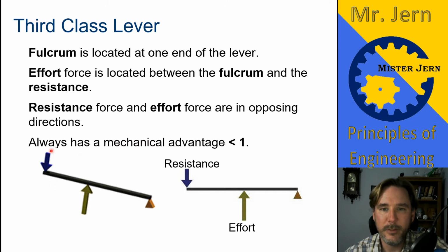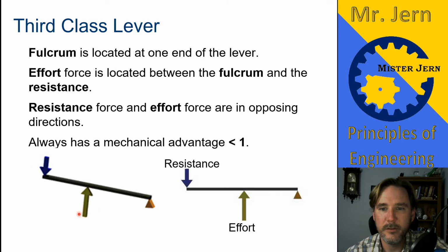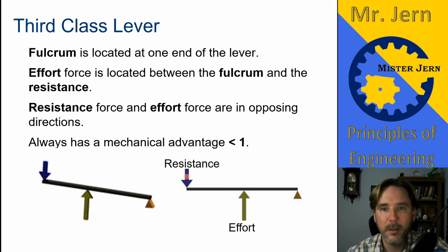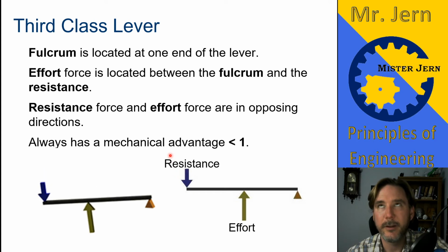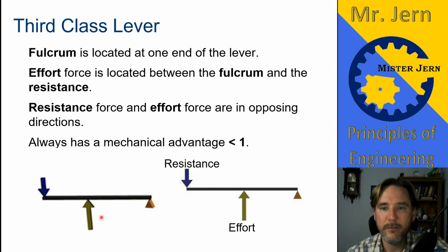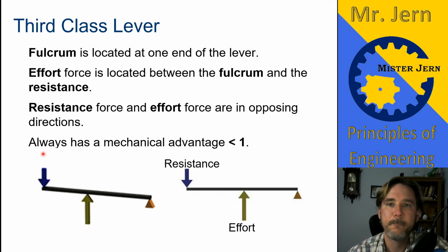And then the tweezers are coming together over here. Okay, so here's the resistance force, here's your effort force, you push here, here's the fulcrum where it rotates around. These always have a mechanical advantage of less than 1 because you have to go with much greater force, but you have to travel less distance than the resistance.